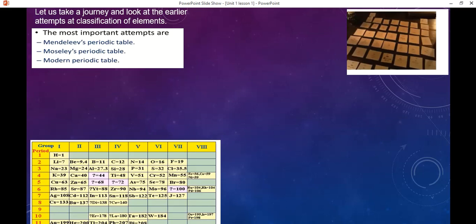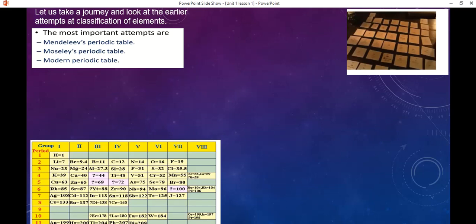Why? Because he predicted the elements to be discovered later. And also, he determined the atomic weight and corrected some of the elements' atomic weights.